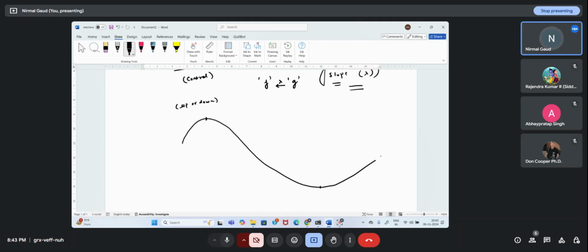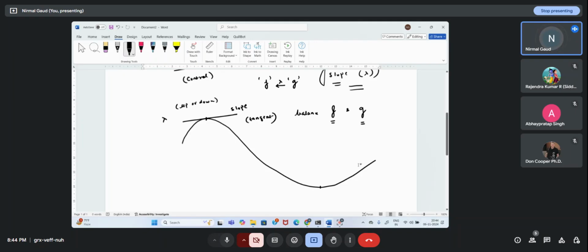So at these points, it is saying we need to balance f and g, objective function and the constraint. And who will balance? Lambda. What is lambda? Lambda is a slope. Okay, lambda is a Lagrange multiplier. It will be working as a slope at that particular point. So that will be a tangent at that particular point.